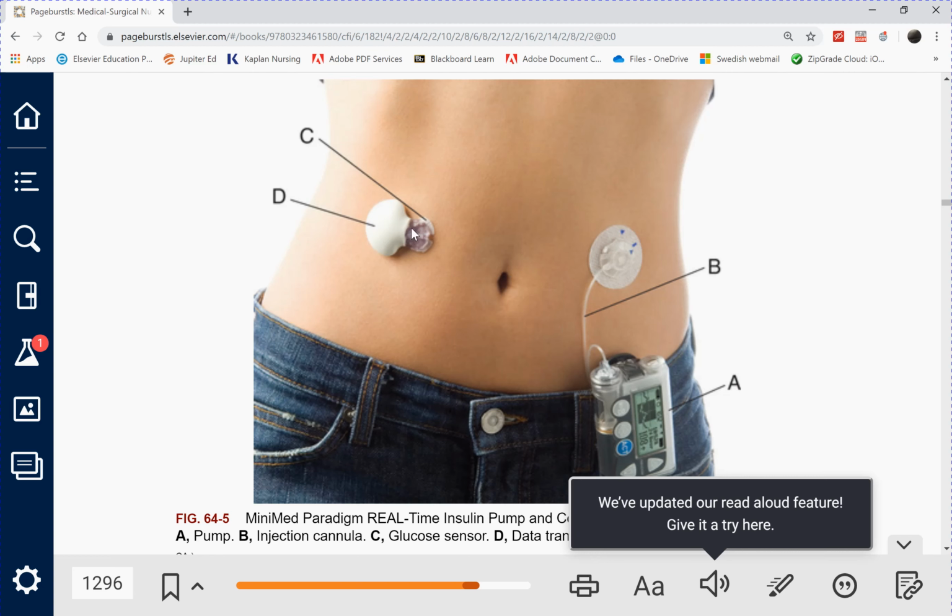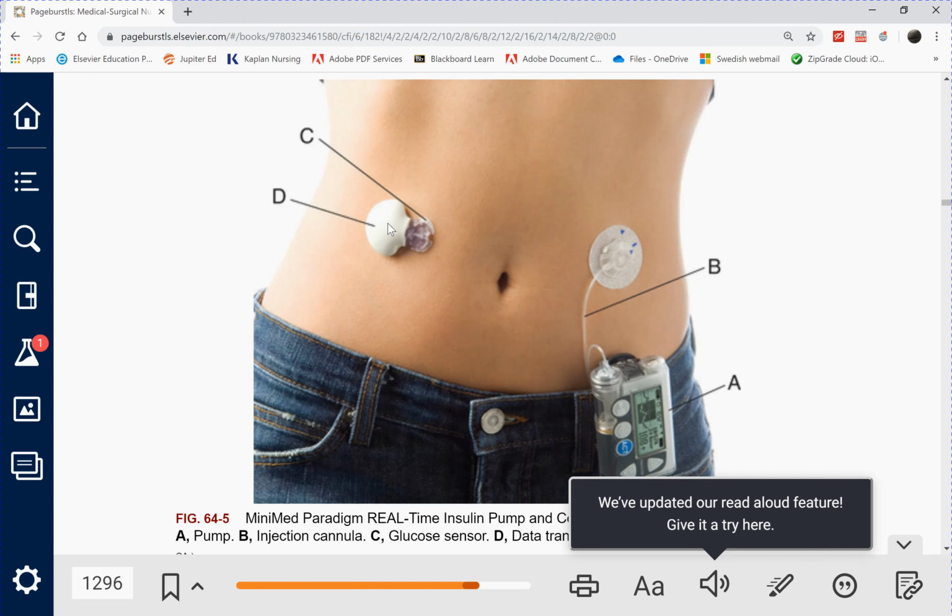Okay, so again, both of these are put in only once a week. So this thing is changed. You don't see it, but there's a transparent adhesive around this thing. There's a small needle attached to the patient's body, and of course the adhesive keeps it in place.